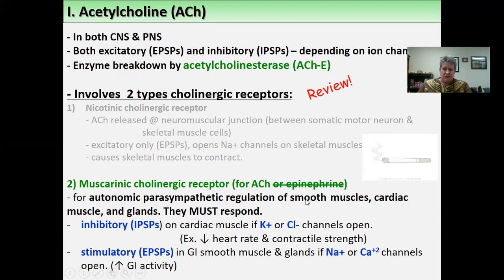So if that cholinergic receptor binds to acetylcholine, it could slow some things down or inhibit some things. So if it's binding to a cholinergic receptor on your heart muscle, it's actually going to inhibit. The heart rate's going to go down, because it's actually going to be primarily potassium channels.